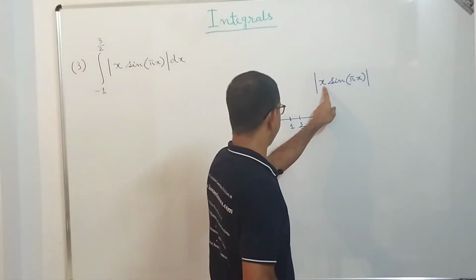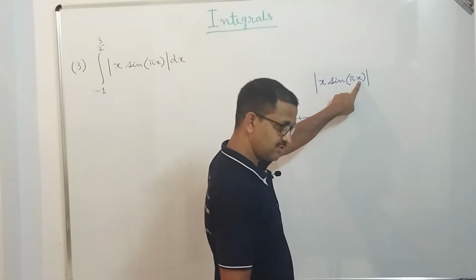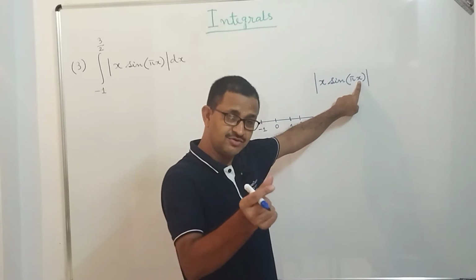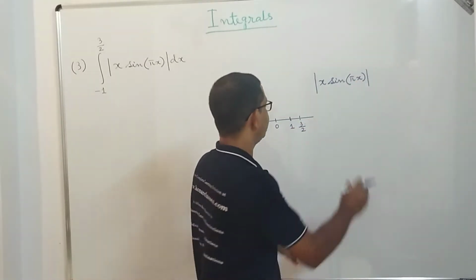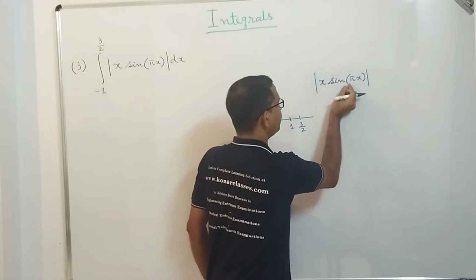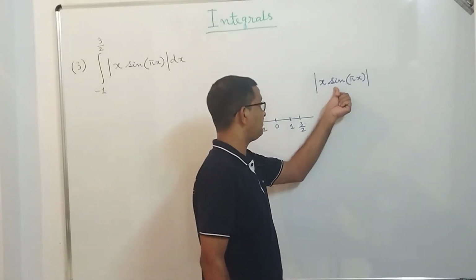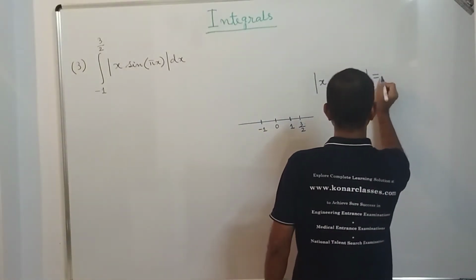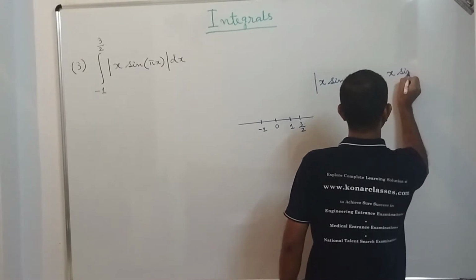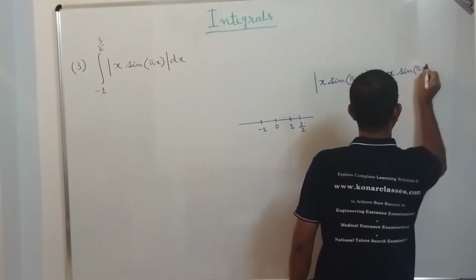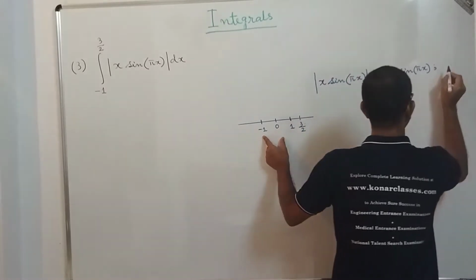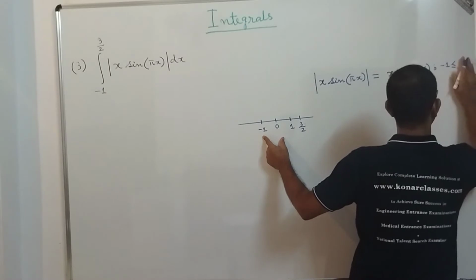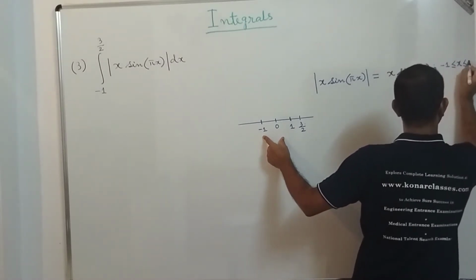And we know sine of minus something is equal to minus sine of that thing, so sin(-πx) will be -sin πx, and that minus will become positive. So this is equal to x sin πx when -1 ≤ x ≤ 0.